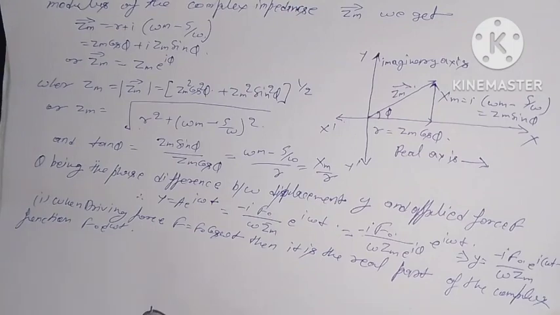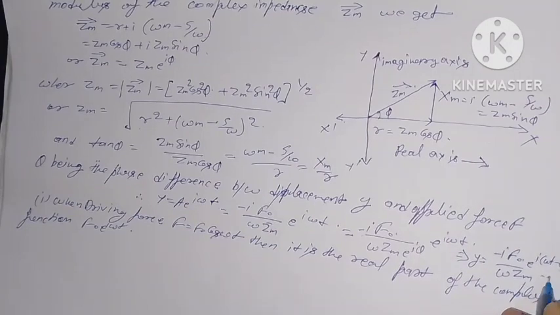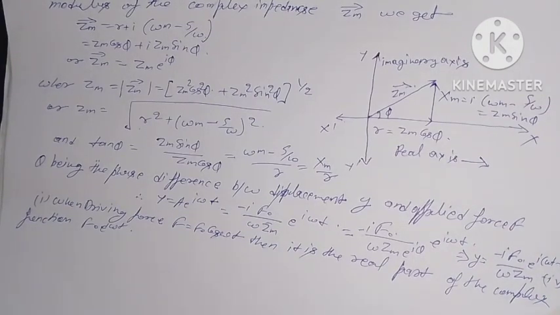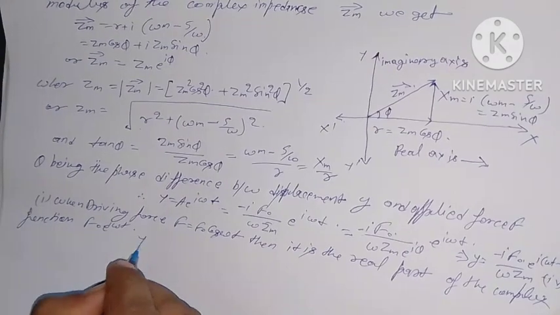Therefore, the steady state term will only consist of the real part of equation number 4. This is equation number 4, okay?